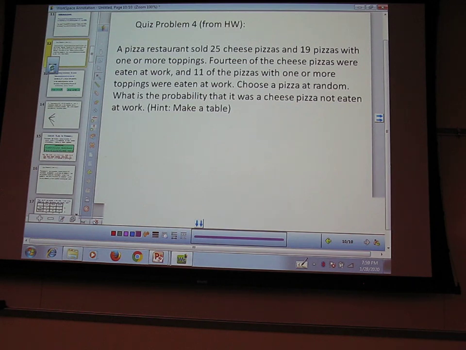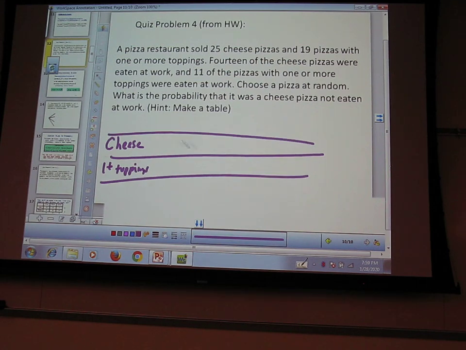So you can make a table from that. You can say it's either cheese, or it's 1 plus toppings, 1 or more toppings. And then you know that it's either at work or not at work.